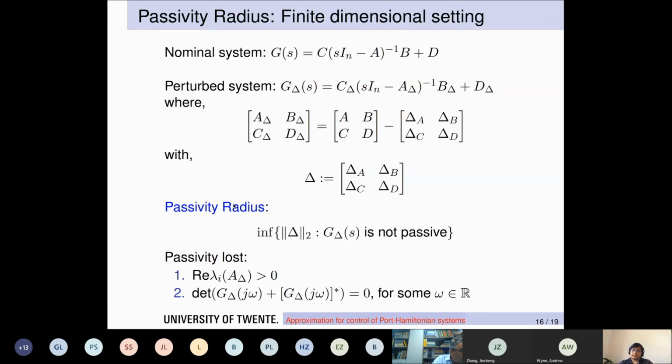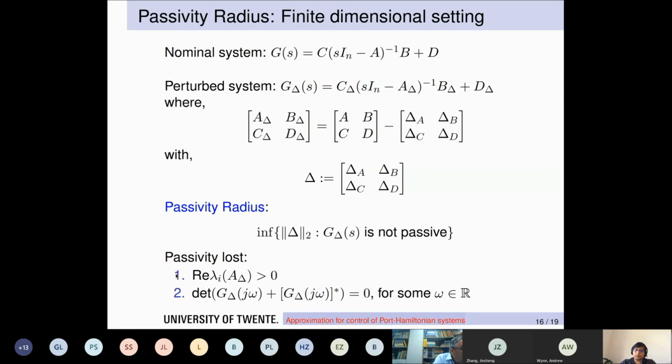This passivity we already have defined as related to positive realness. So if the system becomes unstable, then the passivity is lost. And the second condition is about the spectral zeros, which should not be purely imaginary. If any of these conditions is fulfilled, then we can say the passivity is lost.